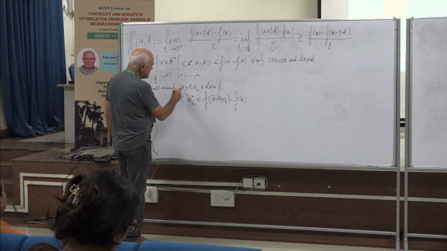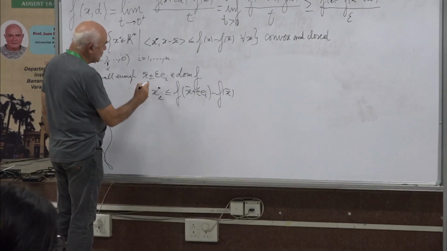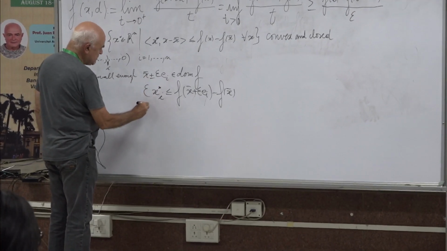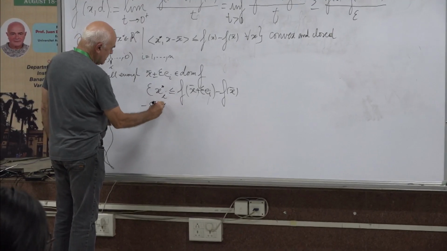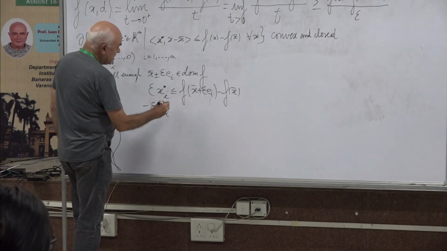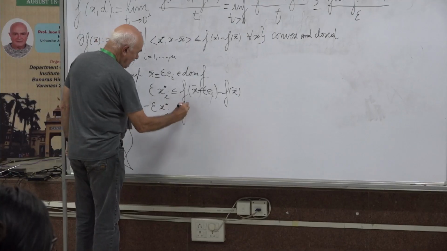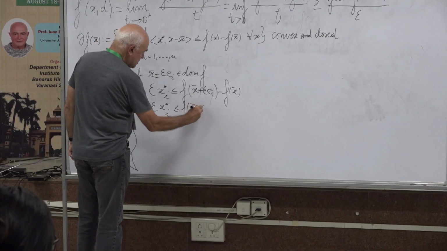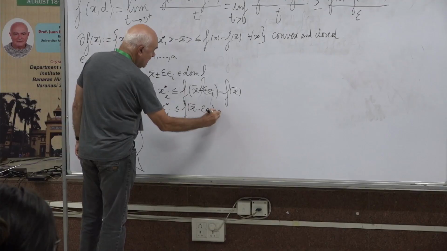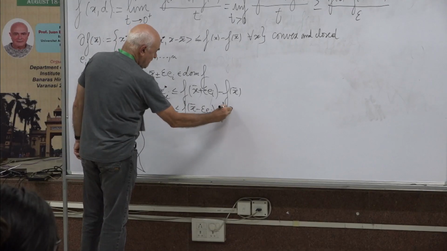Then when I apply it to x bar minus epsilon e_i, what I get is minus epsilon x star i less than or equal to f of x bar minus epsilon e_i minus f of x bar.